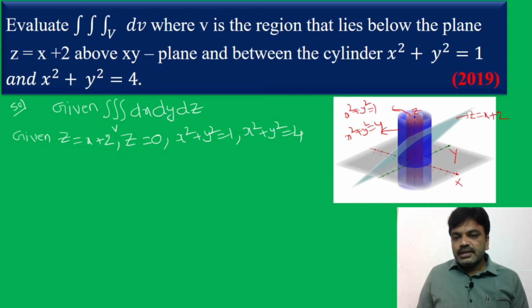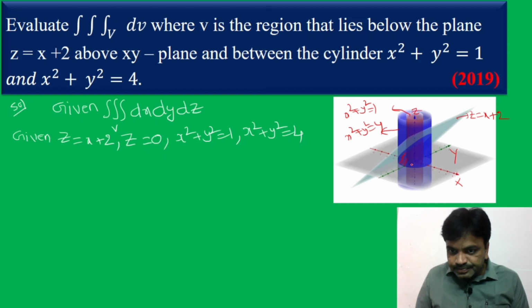Clearly, the first circle has center 0, 0 and radius 1, and the second cylinder has center 0, 0 and radius 2. Now, it says below the plane z equals x plus 2, above the xy plane, and between the cylinders. That means our region is between these two cylinders and below this plane.